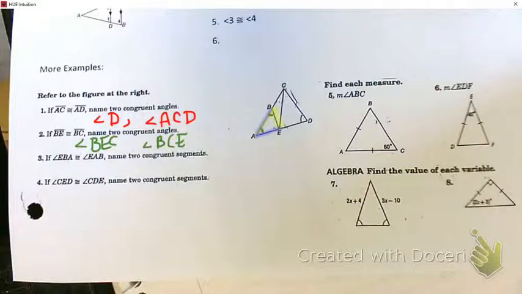They're telling you those two angles up there are congruent. If those two angles are congruent, what two sides are congruent? BE and AE. They're not all three congruent unless that angle down there at E is congruent to those. Okay, let's look at the last one.